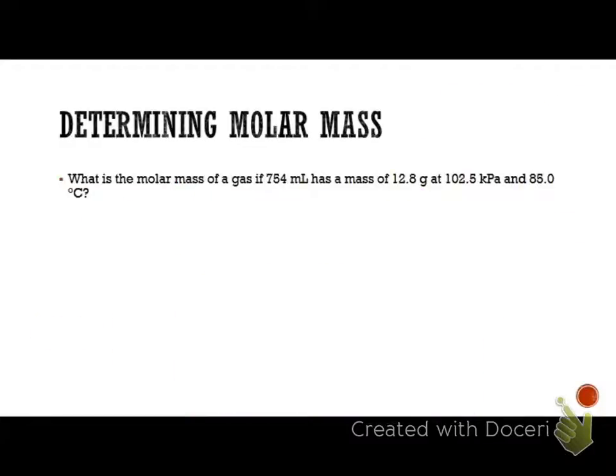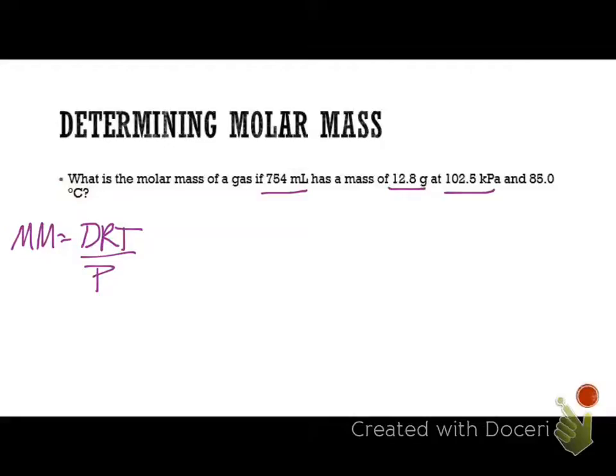In this question, we're still determining molar mass. And so we're going to use this MM equals dRT over P. And it says, what is the molar mass of a gas that has 754 milliliters and 12.8 grams? And then we're at kilopascals and 85 degrees Celsius.